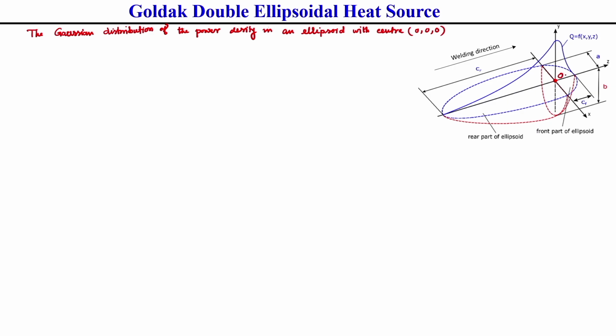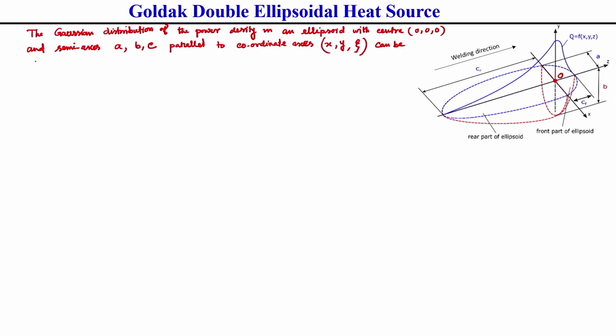Let us consider this O represents the ellipsoid center, and let us consider its semi axes are A, B and C, which are parallel to the moving coordinate axes, that is x, y, and in the z coordinate I am writing zeta, which is the moving coordinate. I am writing this x, y, zeta.